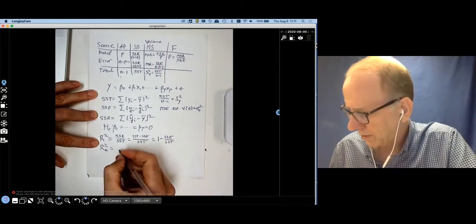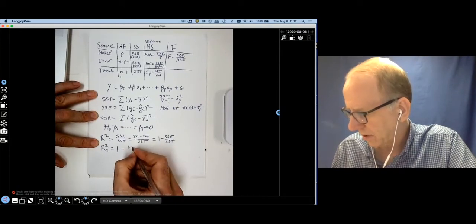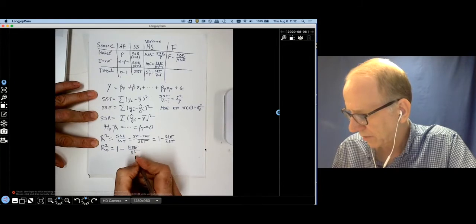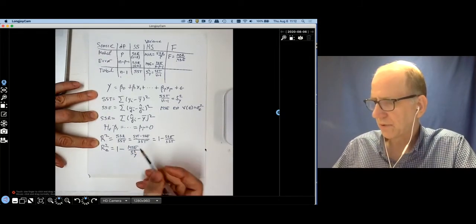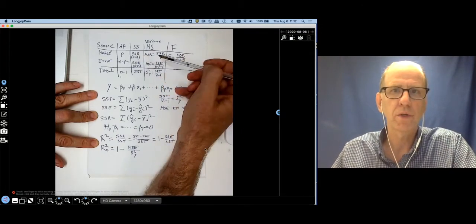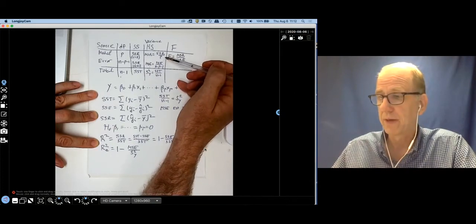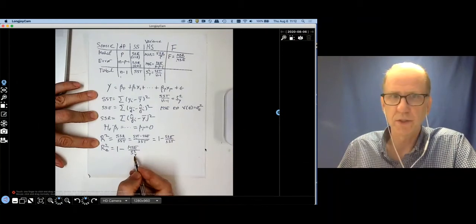What is adjusted R squared? Well, by analogy, this is just 1 minus MSE divided by s squared sub y. All right, so instead of using the total variation, we're going to use the variances, where we divide by the degrees of freedom to get variances, and that's what this is saying.